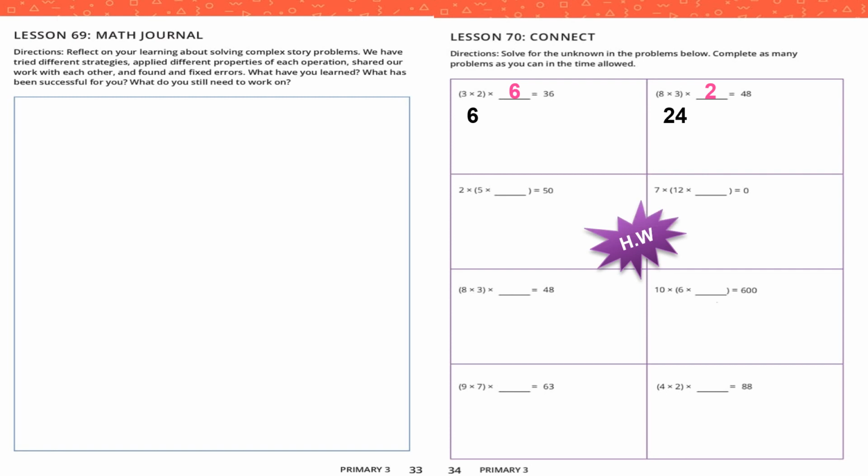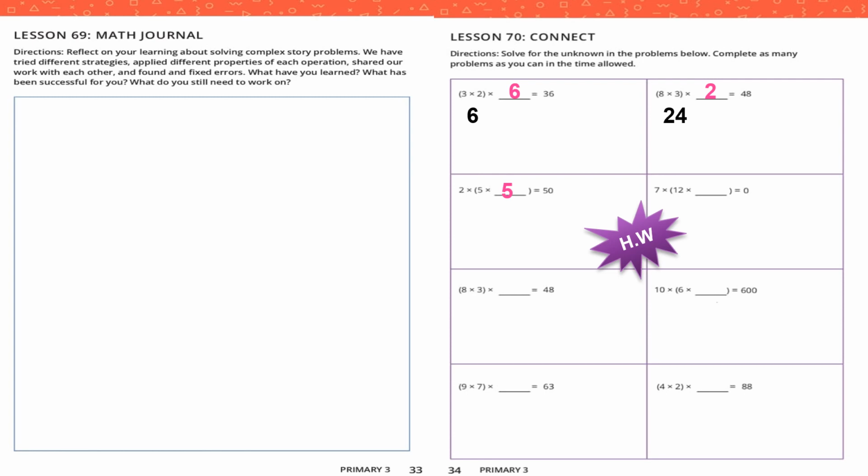Okay, the next one, you can solve this as a homework for you. It's very, very easy. Okay, you can solve it by yourself. Here, the last one, 2 times what times 5 times what equals 50. I don't know what is between brackets here, but I know that this is associative property.